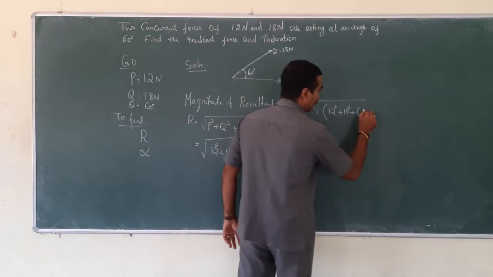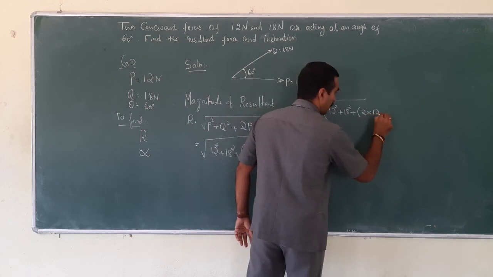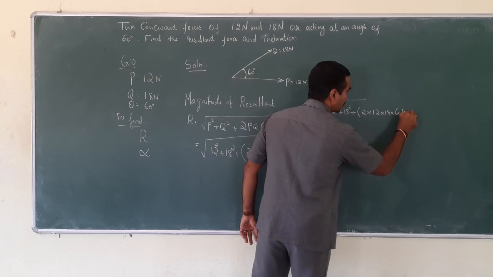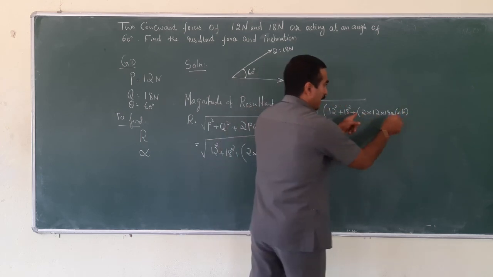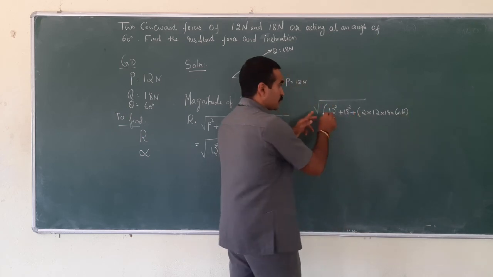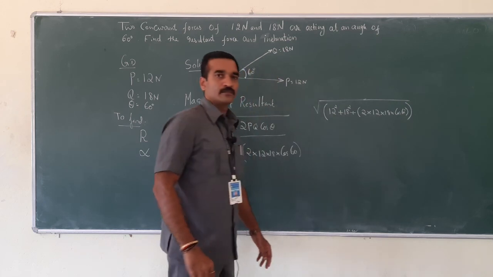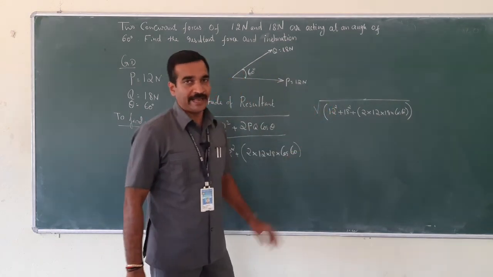Here you will have to mention 2 into 12 into cos 60 degree. Now close the bracket. So this bracket is for this portion. In the whole bracket you will have to close it. Now just type equal to, and you will get the answer.